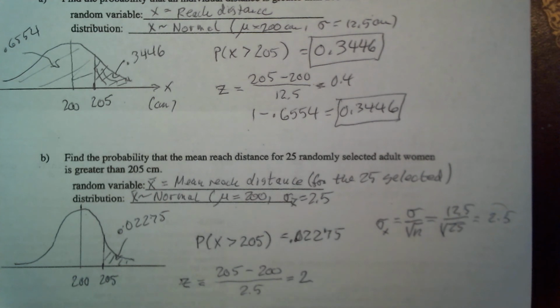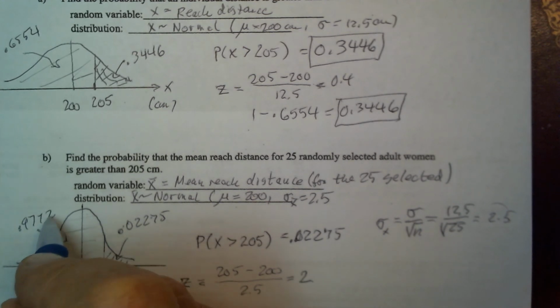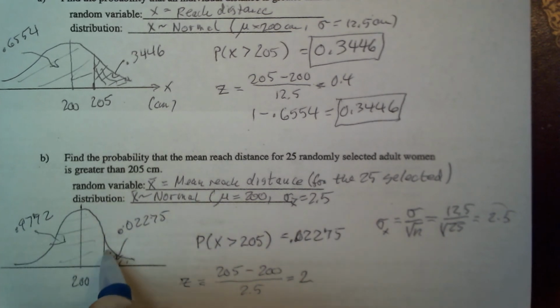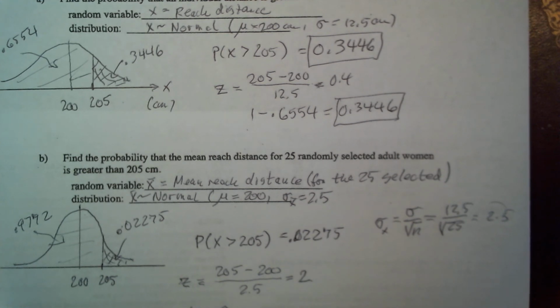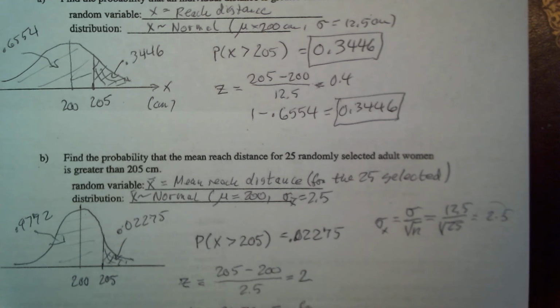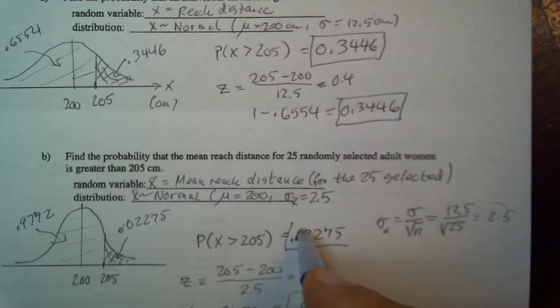So this area here is 0.9772. To find out what the area is that we are really interested in, we have to subtract this area from 1: 1 minus 0.9772, and that's equal to 0.02275, or about 0.023 when you round that up. So rounding will give you the same results.